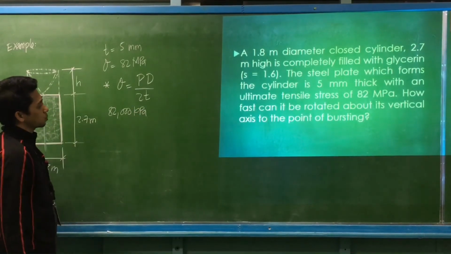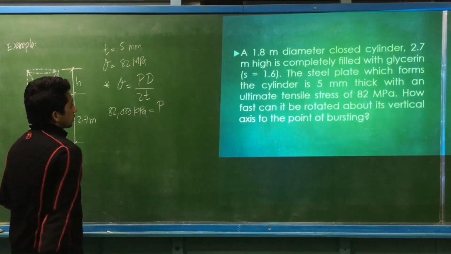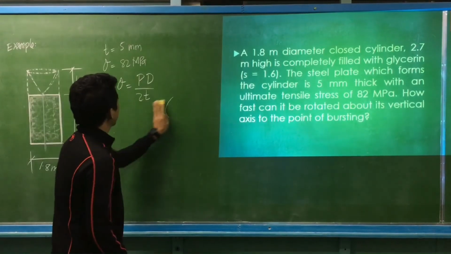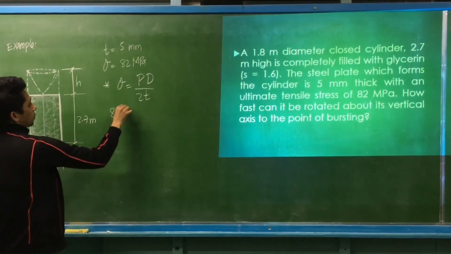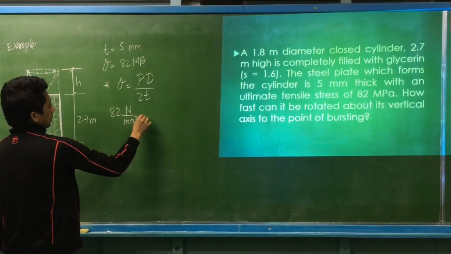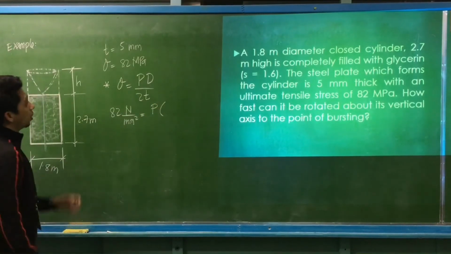Okay, simply times 1,000 is equal to the pressure multiplied by the diameter, or sige, kahit megapascals muna tayo. 82 megapascals, the equivalent of megapascals is newtons per square millimeter. And this is equal to the pressure. What is the diameter of the tank?